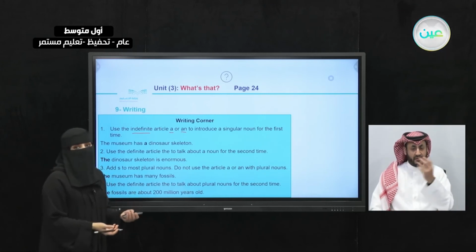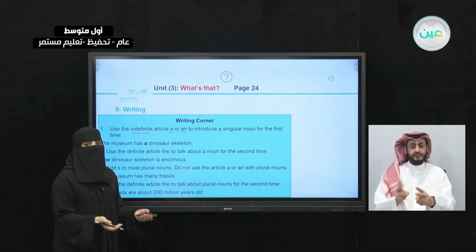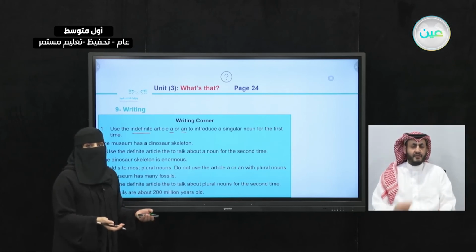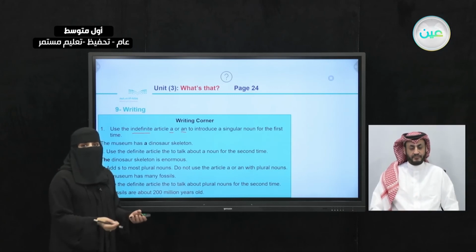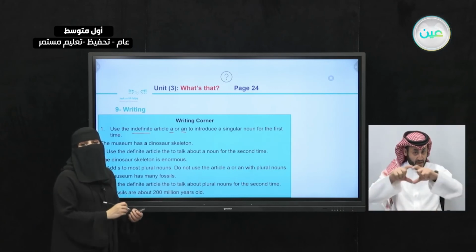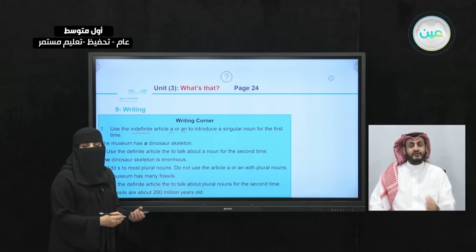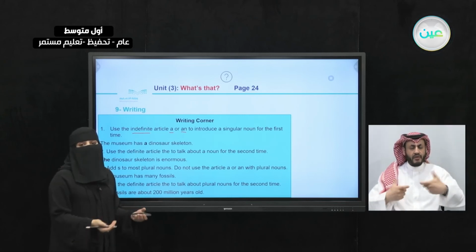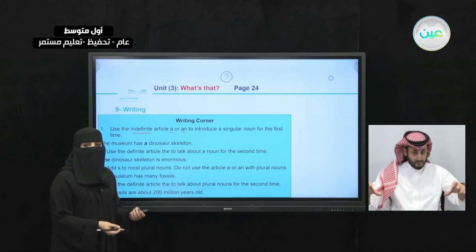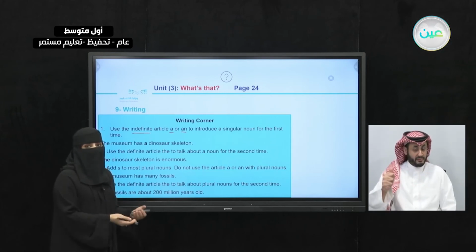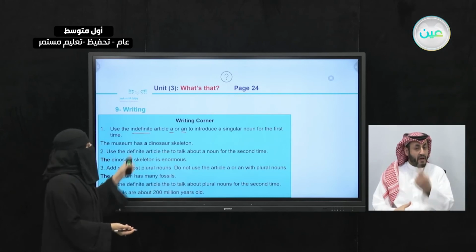So let's say you're talking about a museum. But what kind of museum are you talking about? We have no idea. You're at the very beginning of your paragraph introducing a new museum that we have no idea about. So at this moment, you will be using a museum because you're introducing the item for the first time.